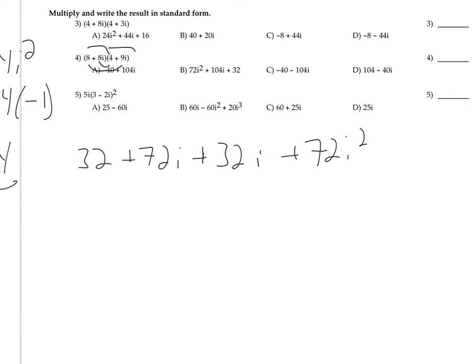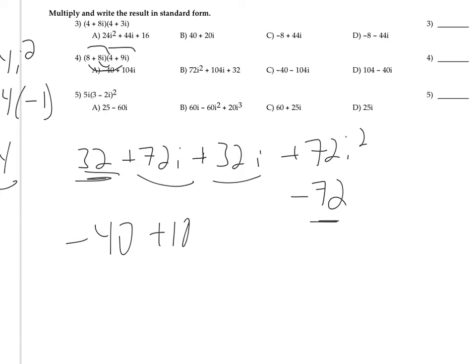And let's see if we combine the real number part. First off, the i squared is -1, so that's going to become -72. 32 minus 72 is -40. Then we're going to add those two imaginary parts, which I believe is 104i. And there is the answer. Oh, that's 104i. All right, that's the one.